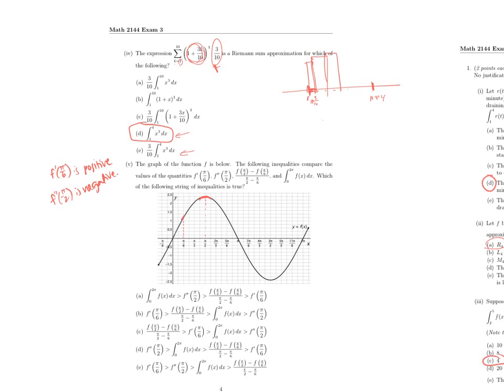Okay, what about f of pi over 2 minus f of pi over 6, over pi over 2 minus pi over 6? That's going to be the slope of this line here, right? I know that to be also positive, but smaller than f prime of pi over 6.